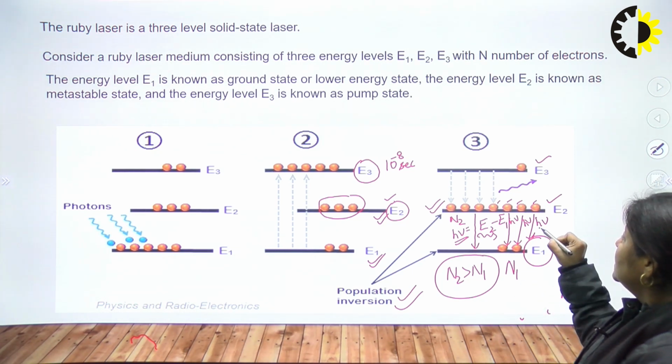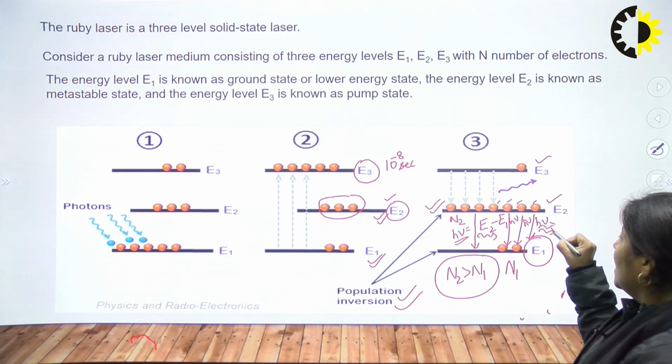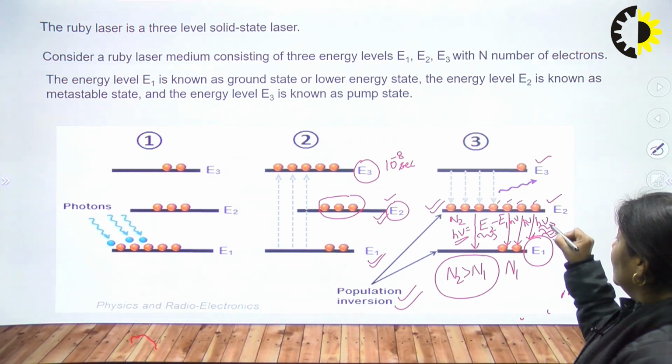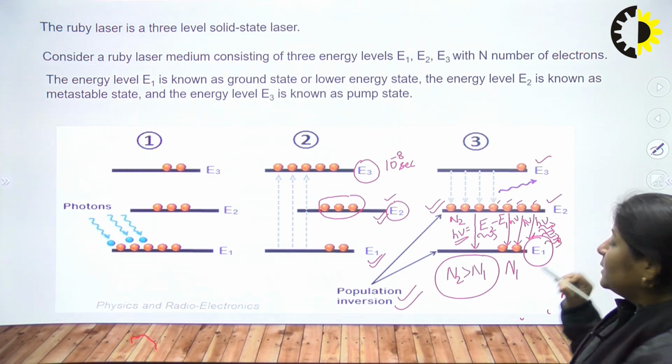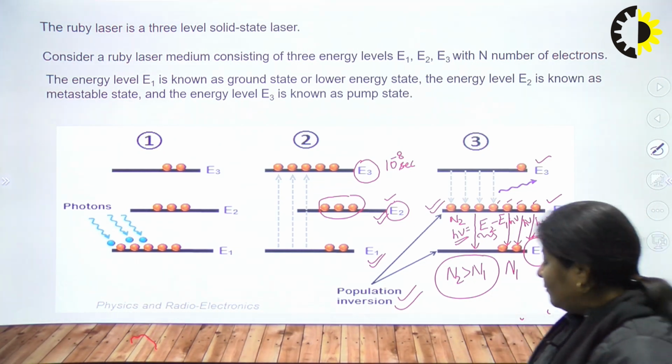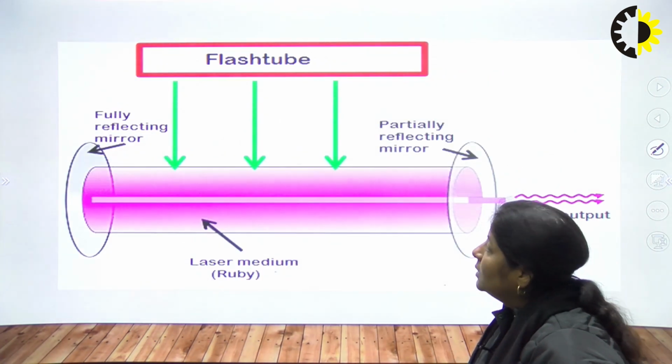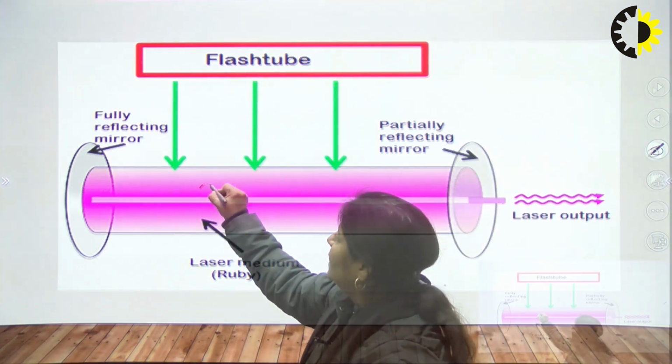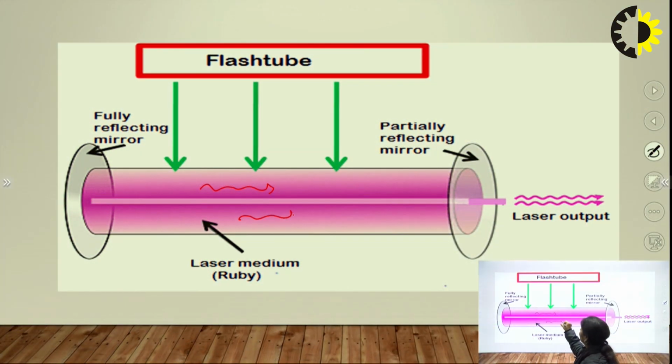Now, this radiation which is emitted by these atoms is generated here, and so it is traveling inside this ruby rod.